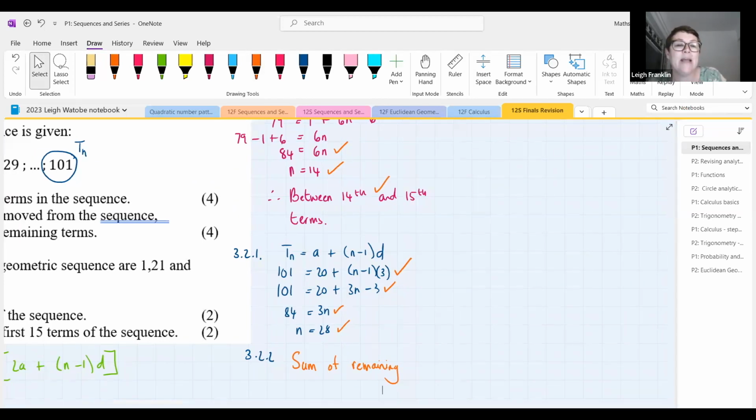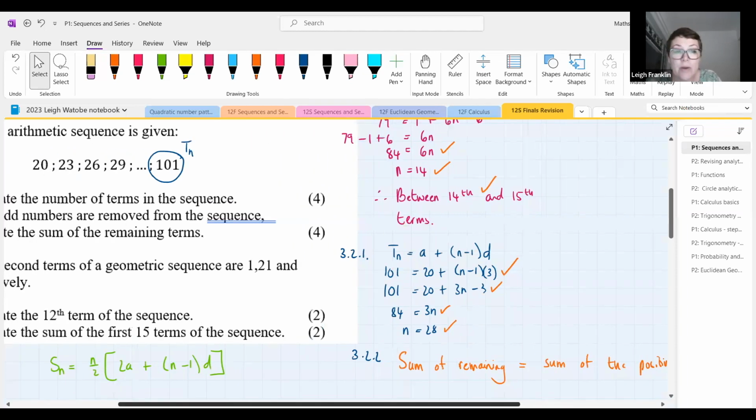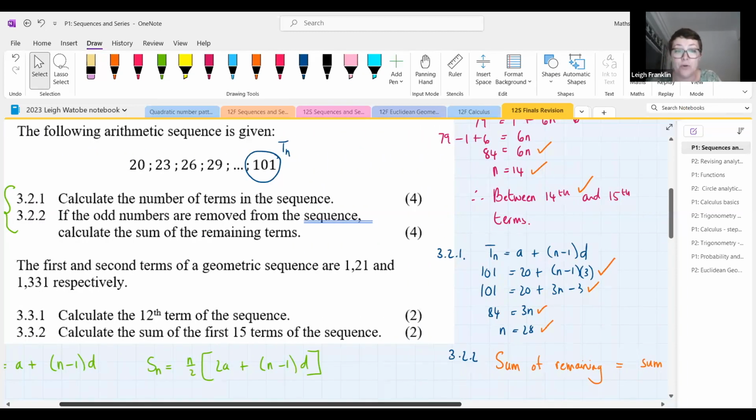If you understand what I'm saying about the odd, even, odd thing, then it's simply going to be the sum of the positive terms. Does that make sense to everybody? It's simply the sum of the positive terms.